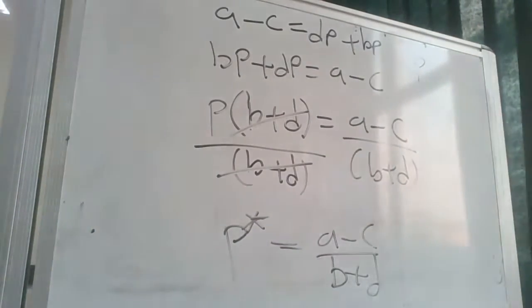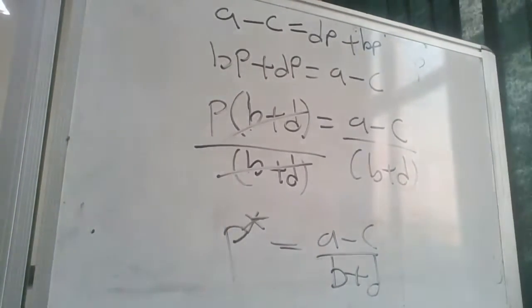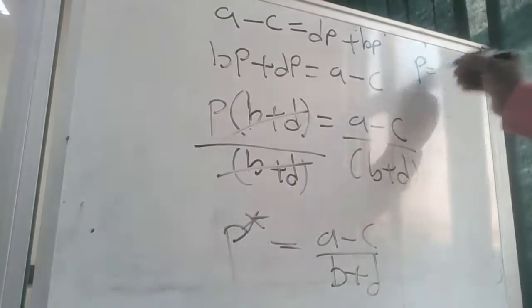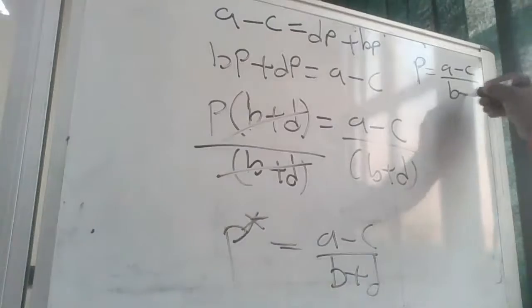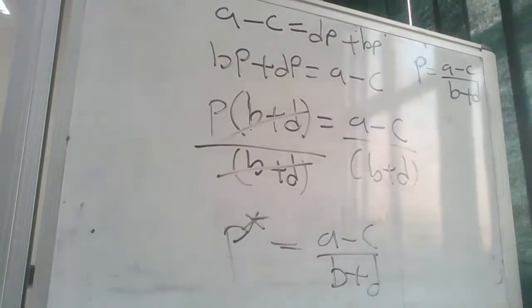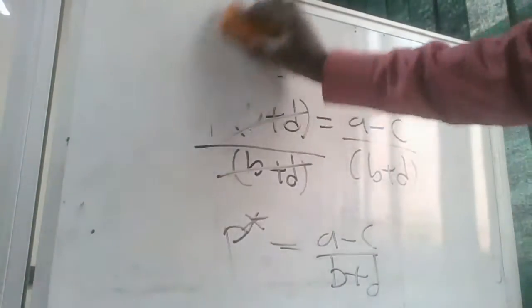So take note, our equilibrium price. Let me use another marker. Our equilibrium price is equal to A minus C over B plus D. Okay, let me wrap this part here.